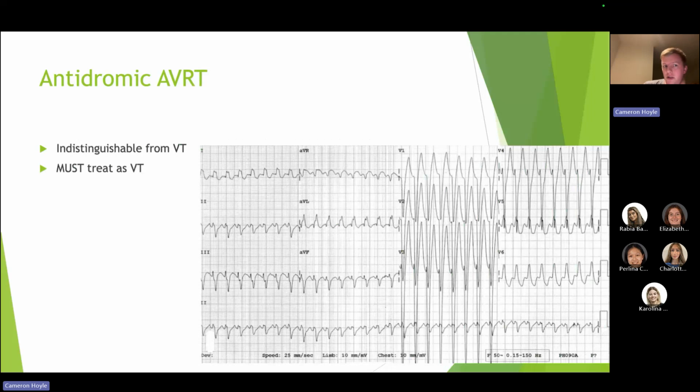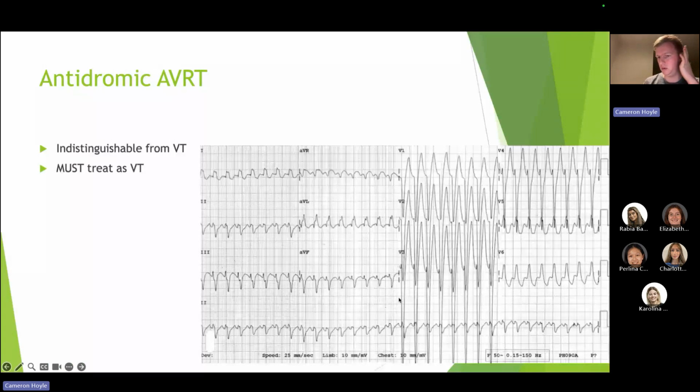Again, this is the antidromic AV-RT. So this is where it's going down the accessory pathway and then back up towards the AV node. This literally looks like VT. It's almost indistinguishable from ventricular tachycardia. Thus, it must be treated as a ventricular tachycardia, regardless.